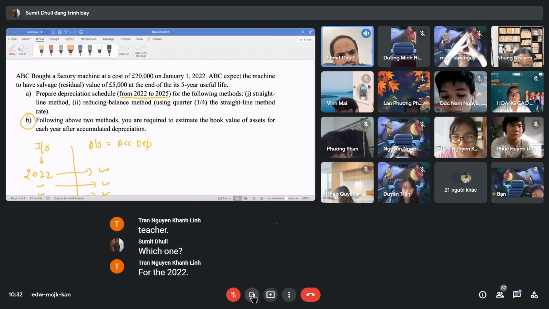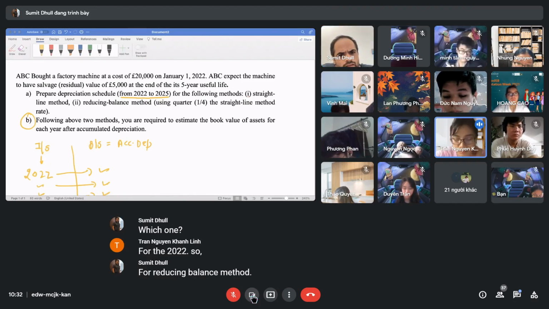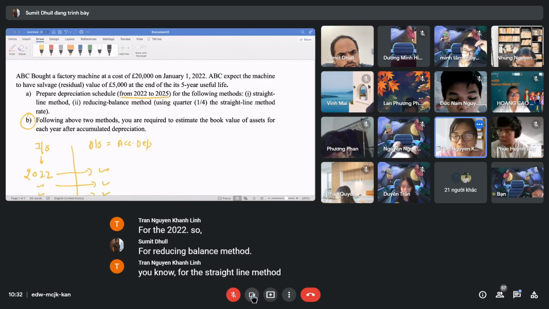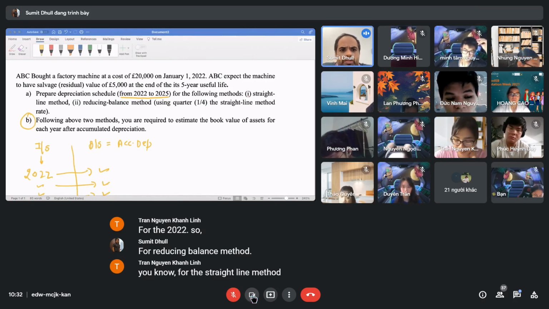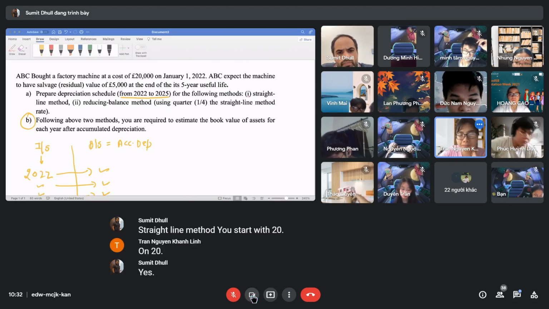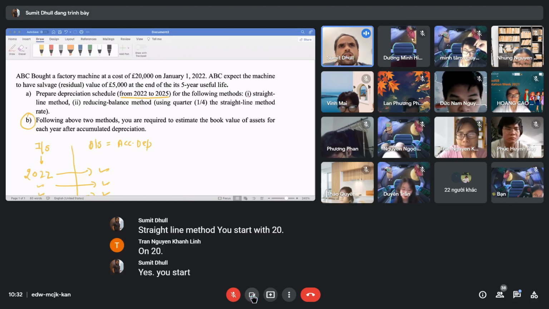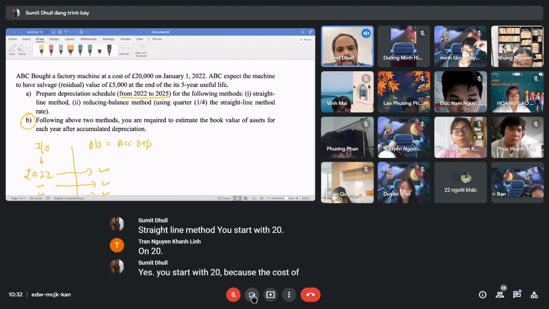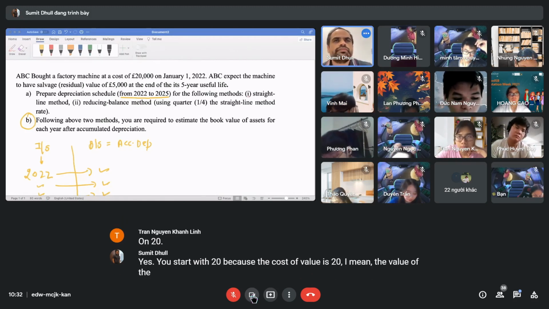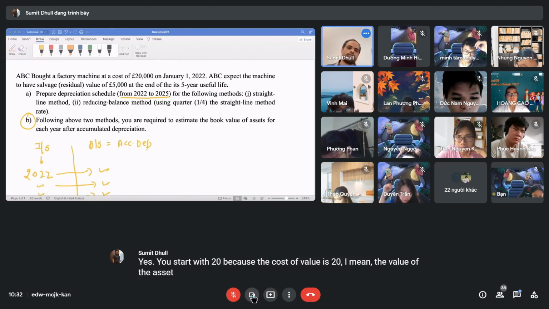For the reducing balance method? No, for the straight line method. For the straight line method, you start with 20. Yes, you start with 20 because the cost of the asset is 20. I mean, the value of the asset is 20. So that's why it starts from 20.